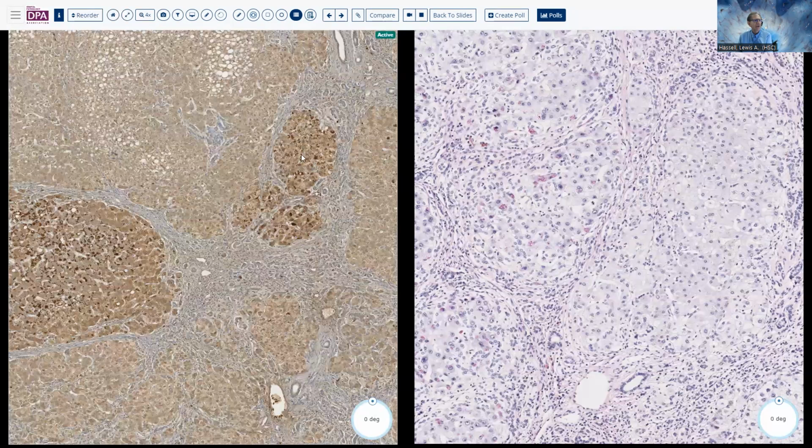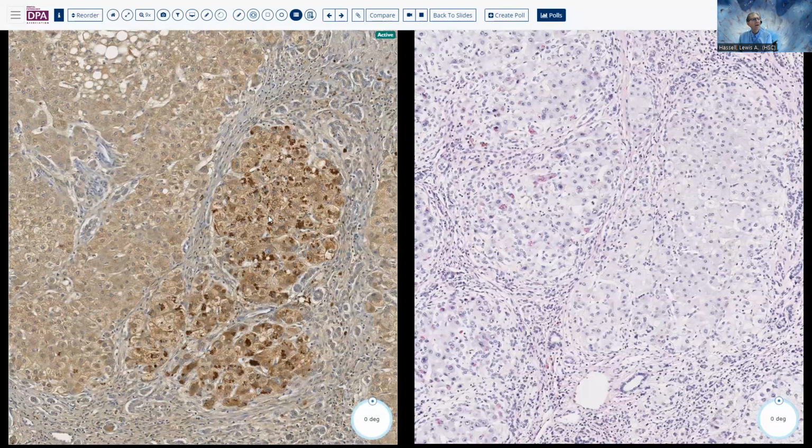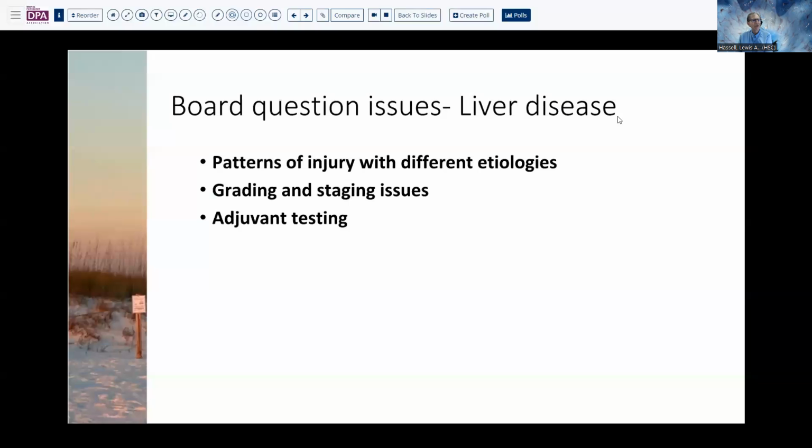Of course, other disorders to be concerned about with alpha-1 antitrypsin would include, you should remember that from medical school, emphysema, as well as potential other disorders. All right, so in terms of liver disease, understanding the patterns of injury with different etiologies.